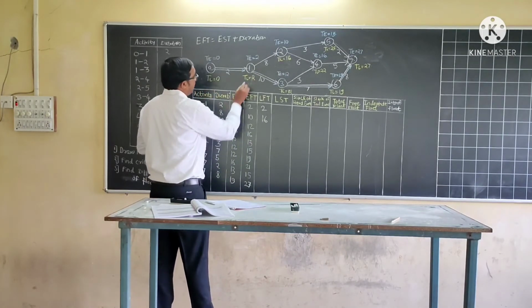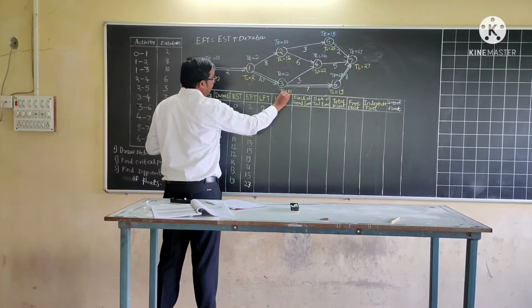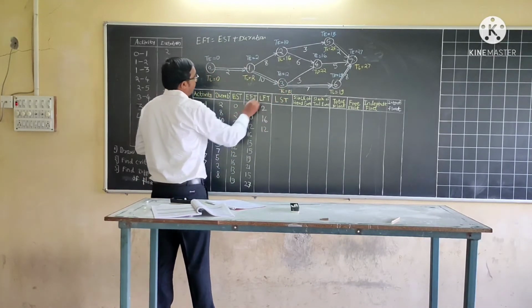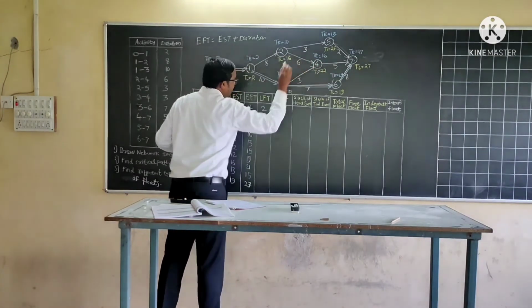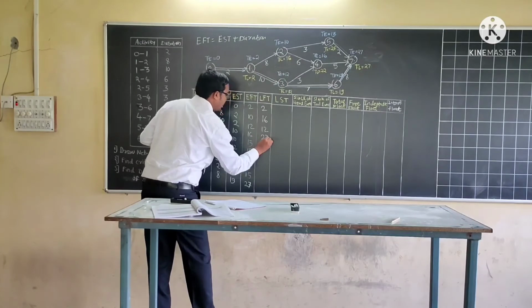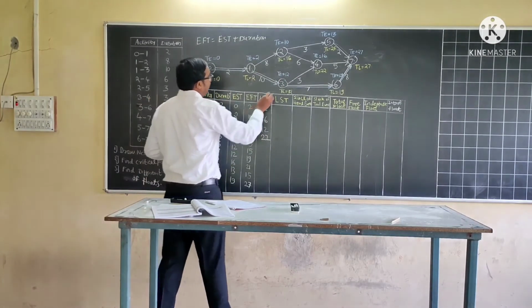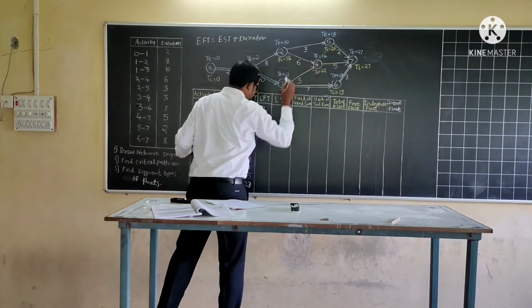Now 1 to 3. The ending activity is 3 and TL is equal to 12. 2 to 4, ending activity 4, TL value is 22. Activity 2 to 5, ending activity is 5 and TL value is 21.